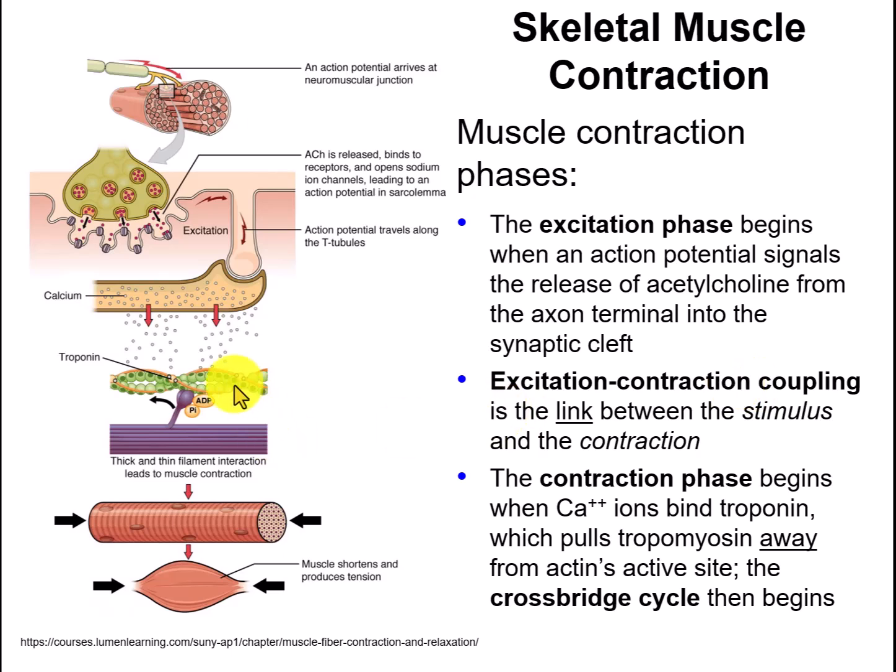Once the tropomyosin is moved off of the actin active sites, now the myosin head can bind. This is called cross bridge. So the cross bridge is formed. The myosin heads ratchet forward, pulling the actin towards that M line, shortening our sarcomere and causing a muscle contraction.